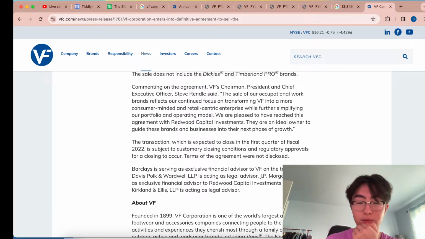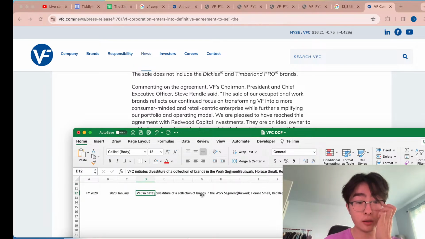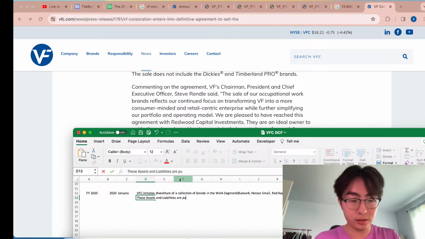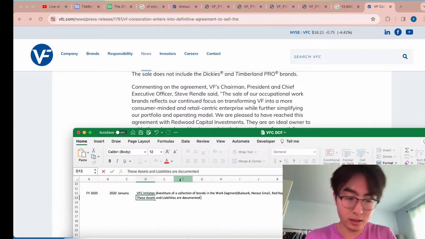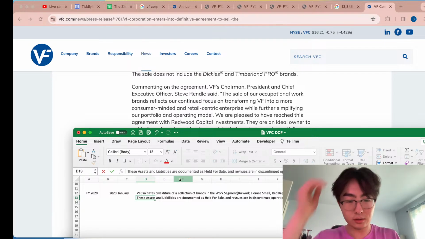Oh, Redwood Capital Investments. All right. These assets and liabilities are documented as held for sale, and revenues are in discontinued operations.